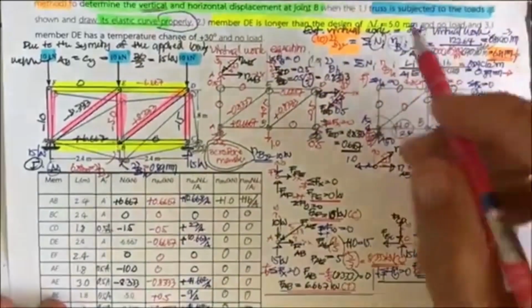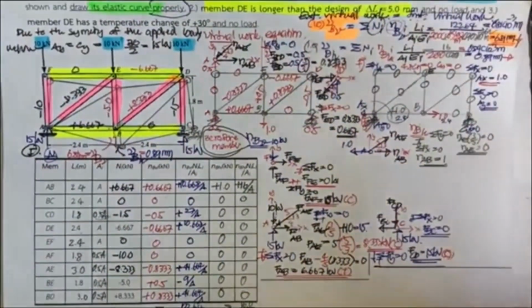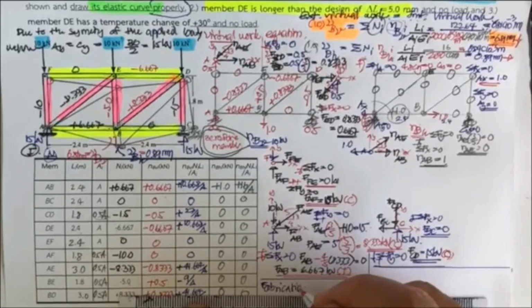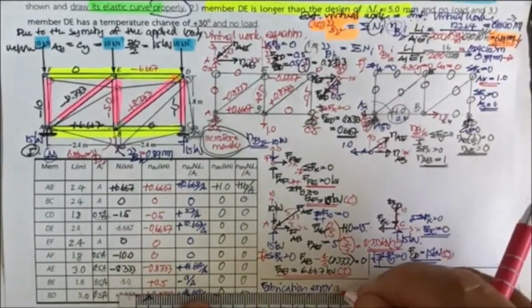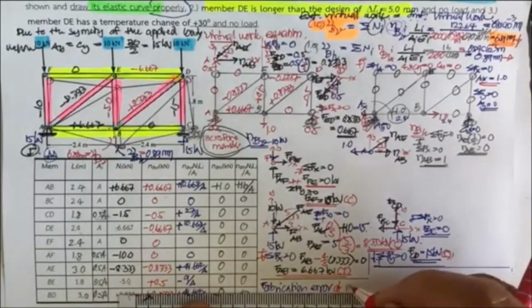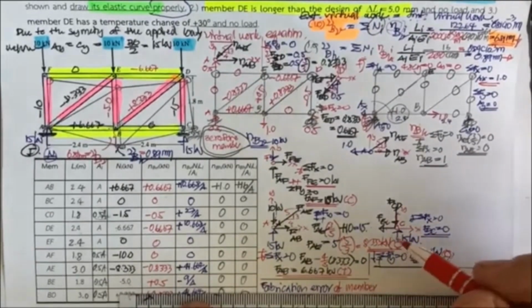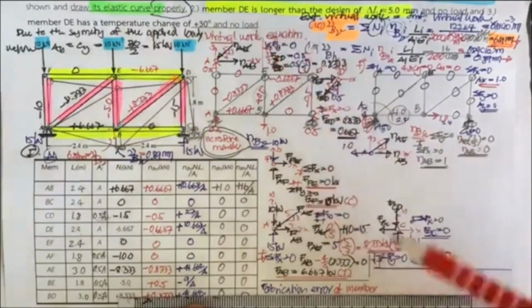Just take a look at the equation we have for the fabrication error at member DE, right? DE is longer than it used to be, member DE.